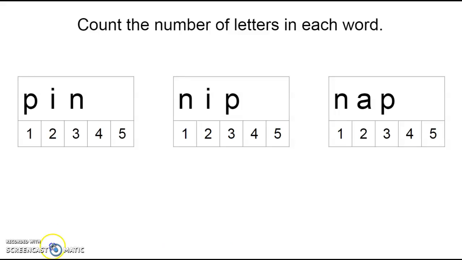Our next words have more letters in them. So let's count and see how many letters they have. Our first word is pin. P-I-N spells pin. Let's count the letters together. 1, 2, 3. Pin has 3 letters inside it.